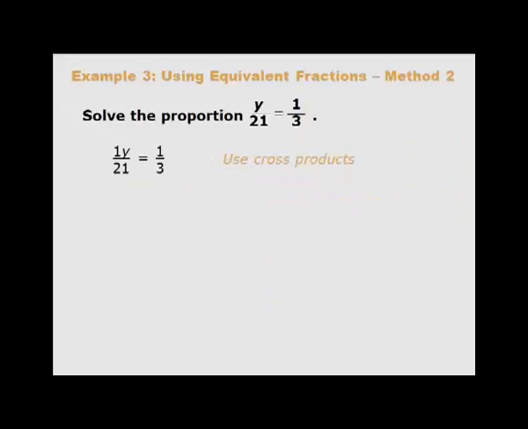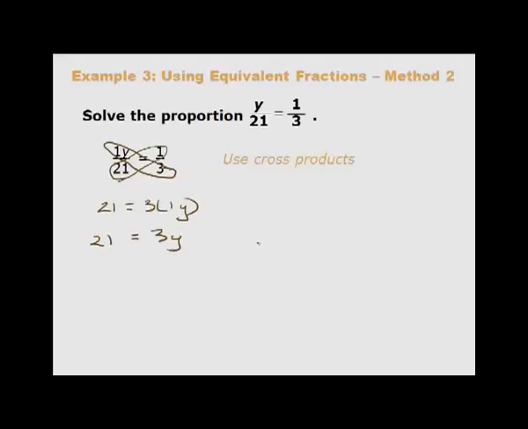Now, this could have been easily solved with cross products as well. And even though this isn't in your notebook, I want you to take a look at this. We could have simply done 21 times 1 is 21 is equal to 1y times 3. Well, 3 times 1y is 3y.